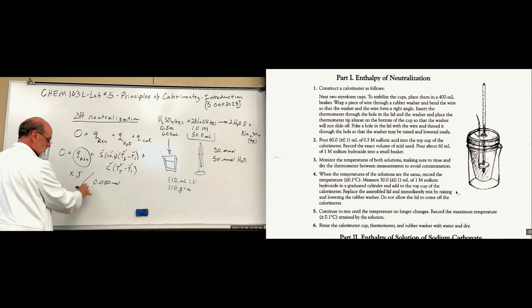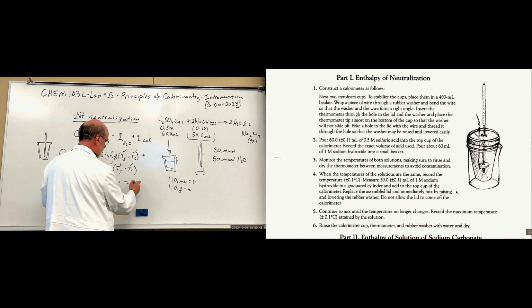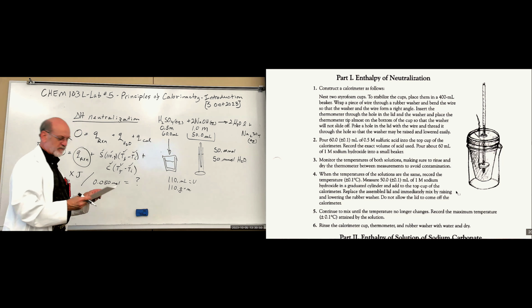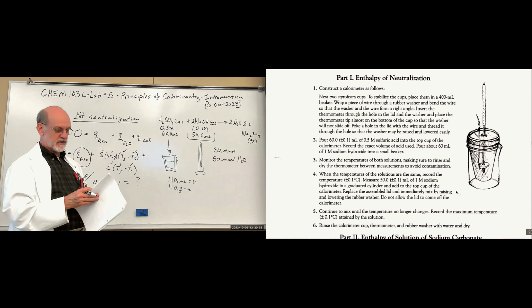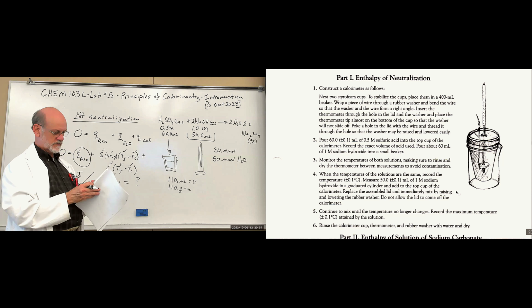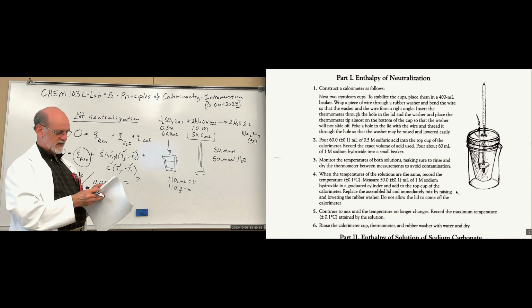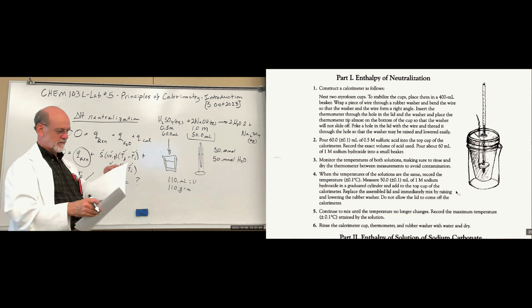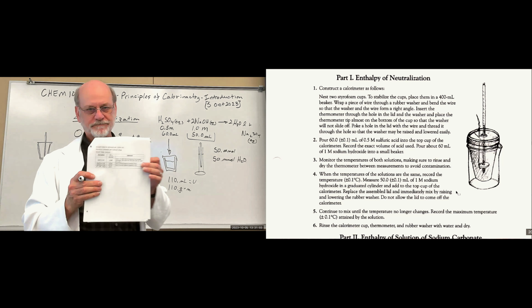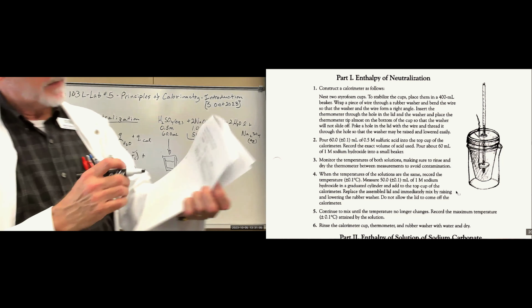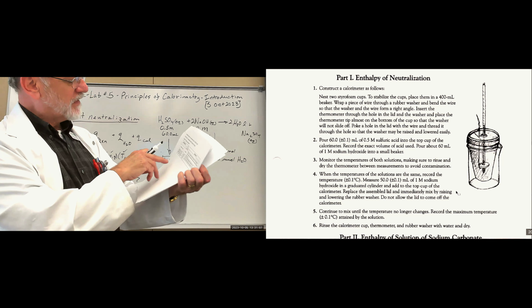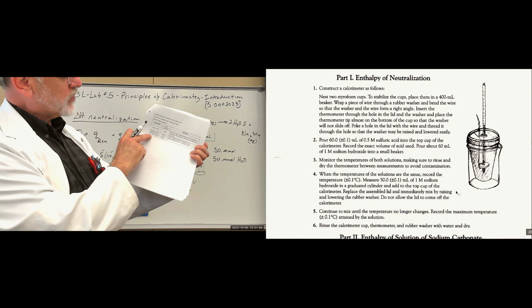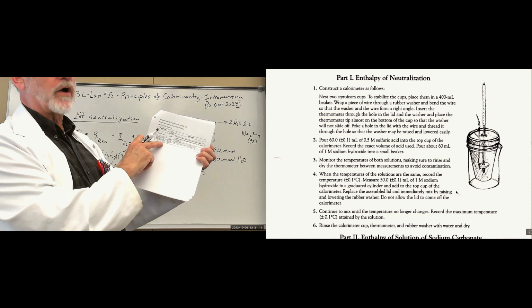So this value, whatever it happens to be, can be compared to the accepted value, which is on, let's see, your last page, I think. Yeah, in this table right here. This table lists the bottom one shows you hydrogen ions plus hydroxyls yield water.